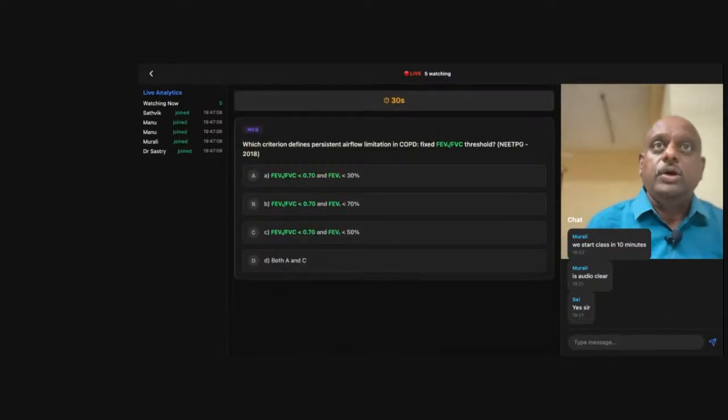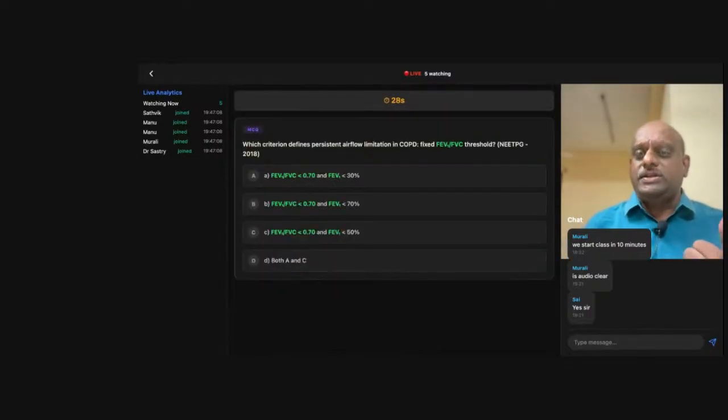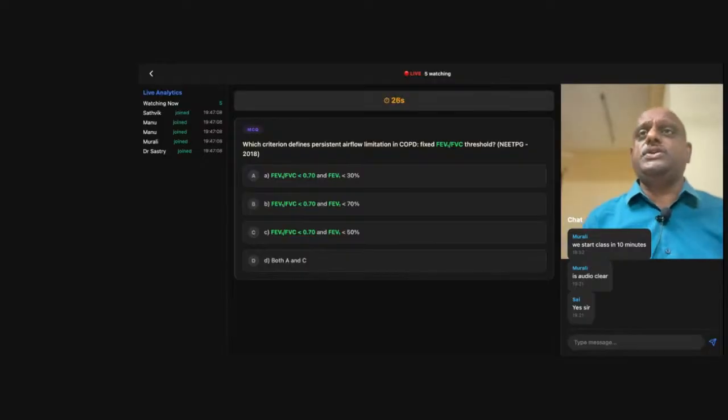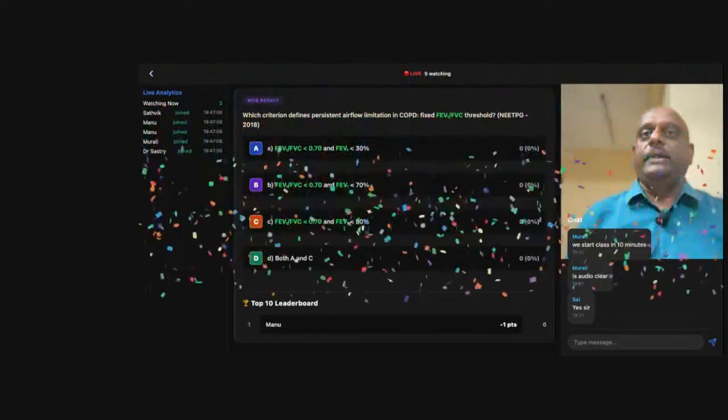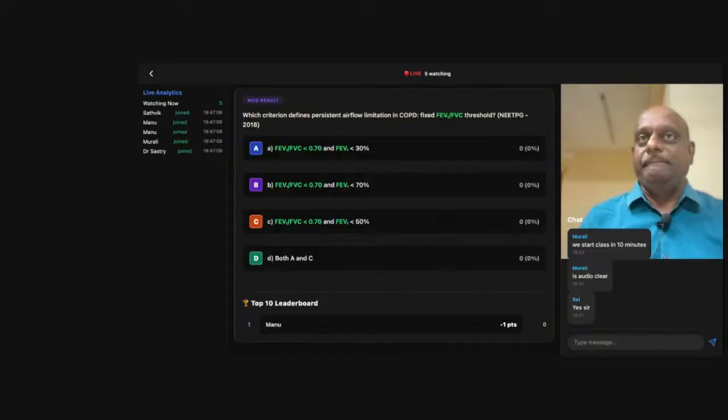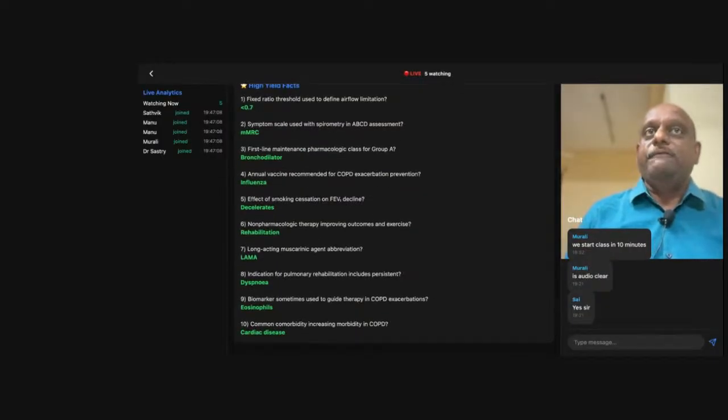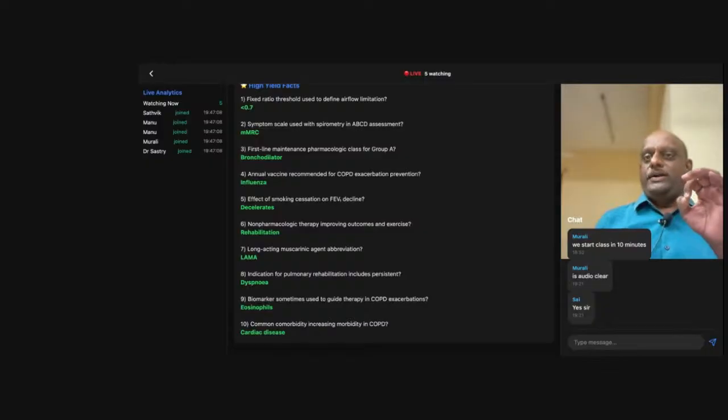Now, doctor, which criteria defines a persistent airflow limitation in COPD? So we need to remember, the fixed ratio threshold to define airflow obstruction is less than 0.7.